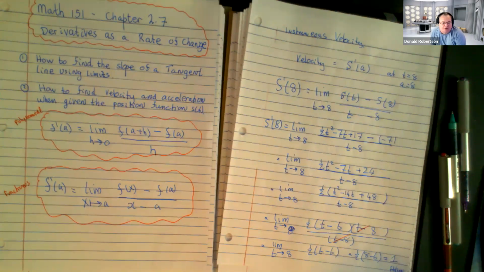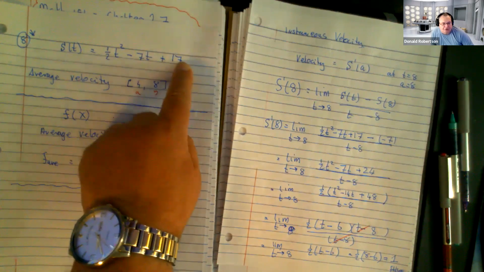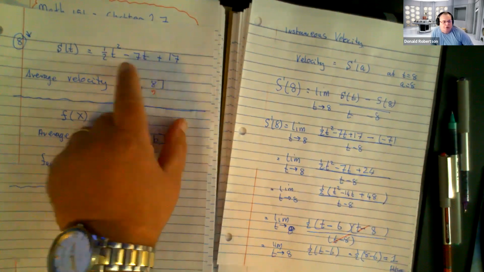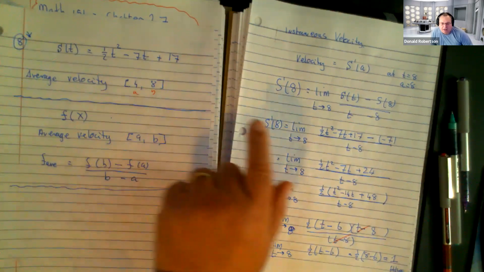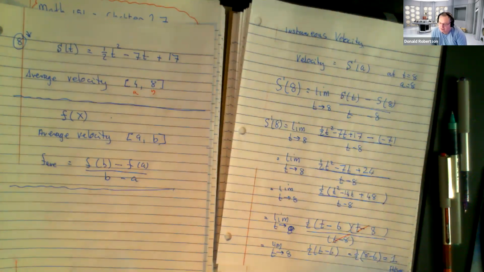So if you're asked to find the instantaneous velocity of a function where you're told its position, you're told s of t at any given time, you just find the derivative at 8 or 2 or wherever it asks you to find the instantaneous velocity.